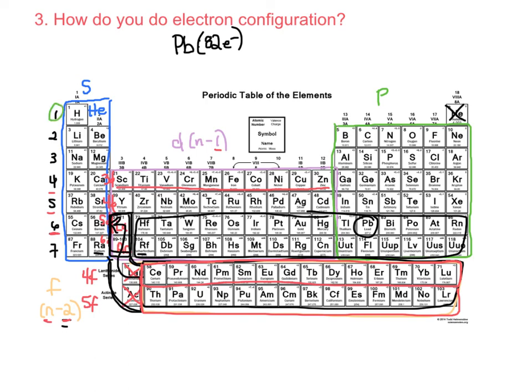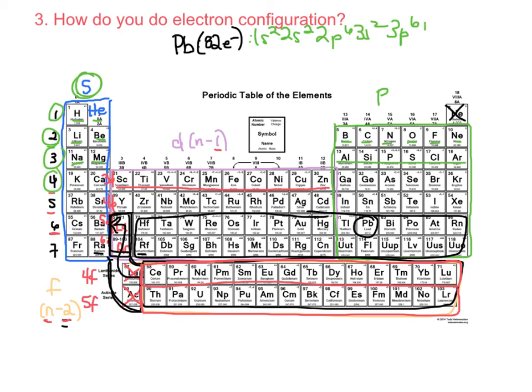Okay, so first row, S block, 2 over, 1s2. Second row, S block, 2 over, 2s2. And then we're still in the second row. Now we're in the P block, 1, 2, 3, 4, 5, 6. Okay, third row, S block, 2 over. Still in the third row, P block, 6 over.